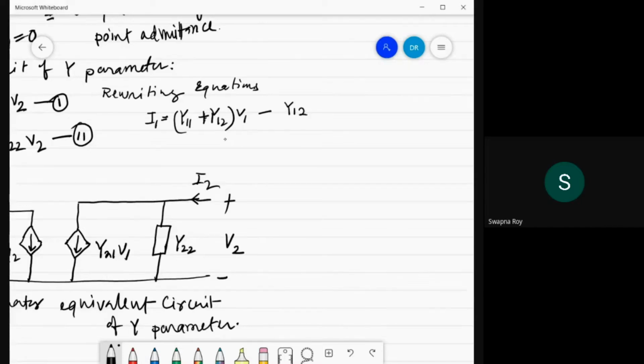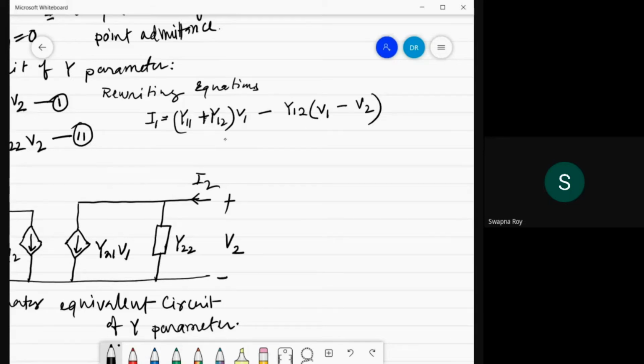So Y12 times V1 minus V2. That means finally this Y12 V1 and this minus Y12 V1 will cancel and it will be Y11 V1 plus Y12 V2.